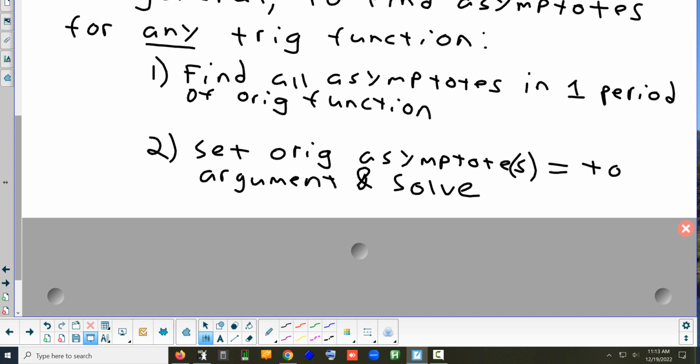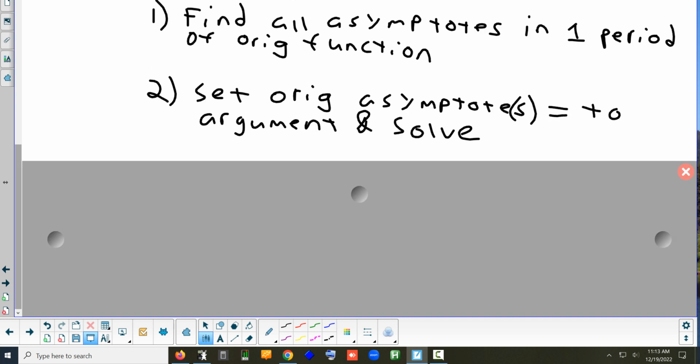How often is an asymptote going to repeat in general? It's going to repeat every period, whatever the period is. Once we know where the first one is, and we figure out in step two where it shifts to after the transformation, then all we have to do is say that that asymptote repeats every single cycle. And that's the last step.